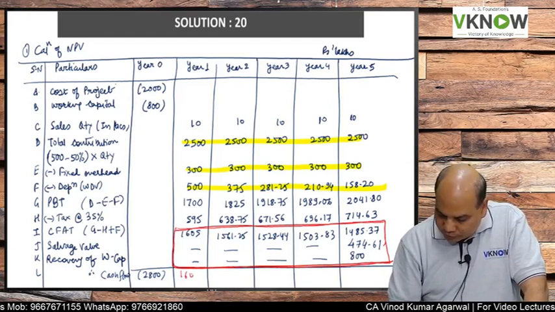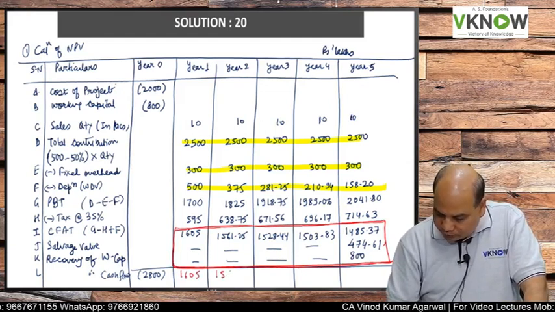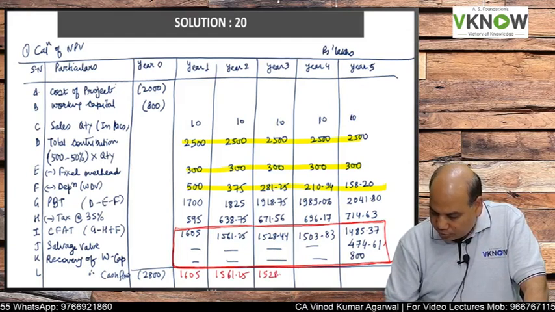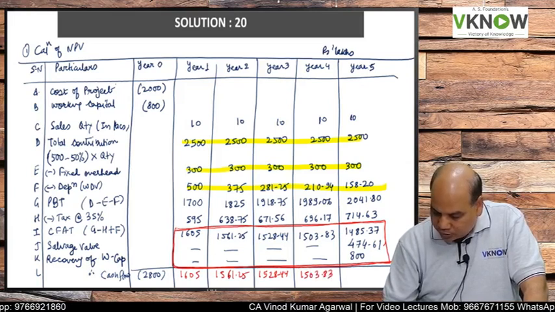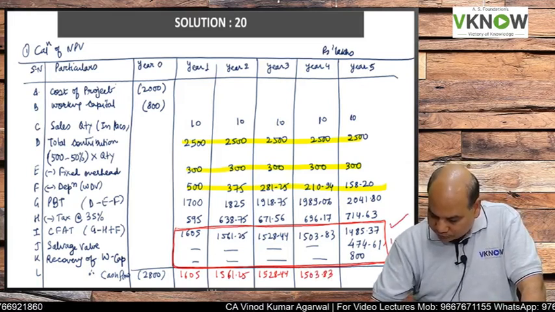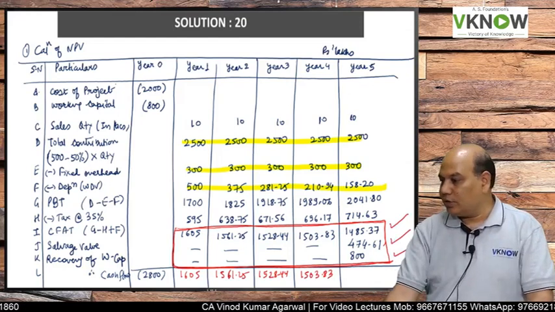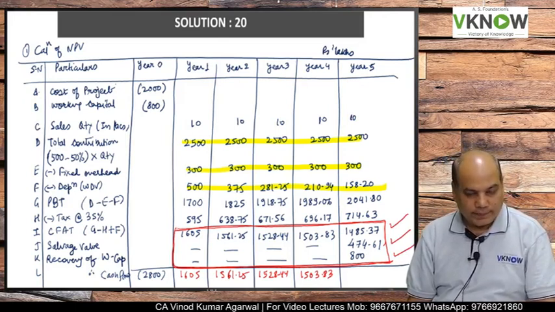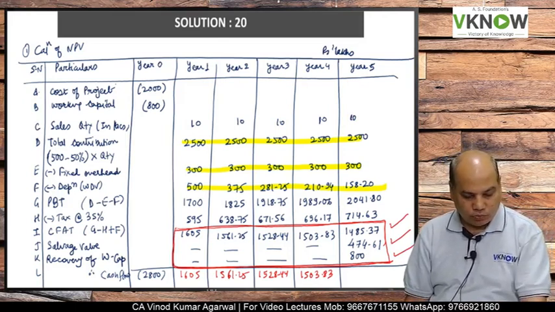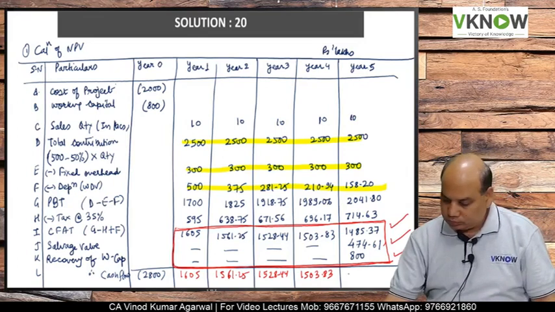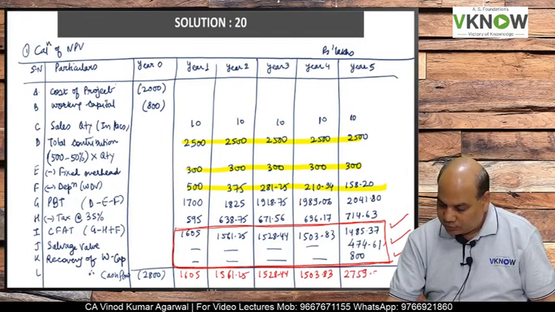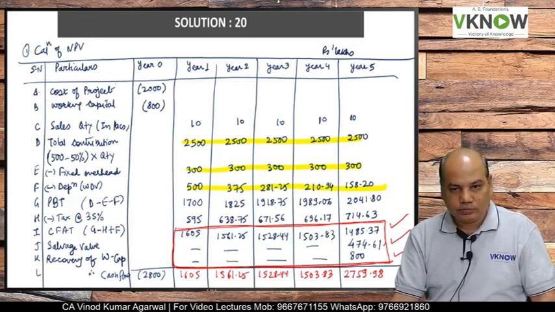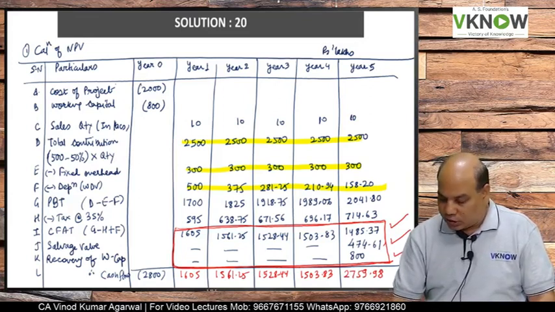So 1605, 1561.25, 1528.44, 1503.83. These 3 you add. Last 3 figures add. How much are you getting? 2759.98. These are the cash flows of these years.